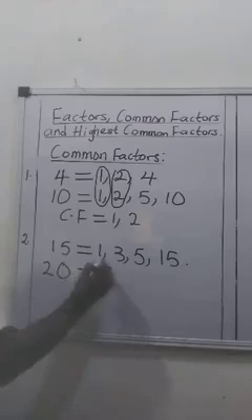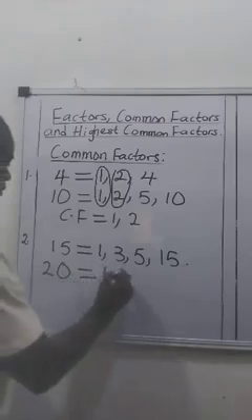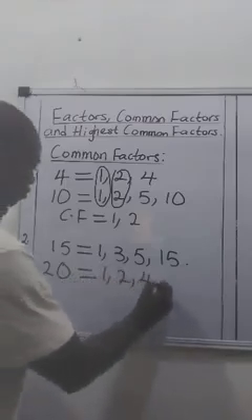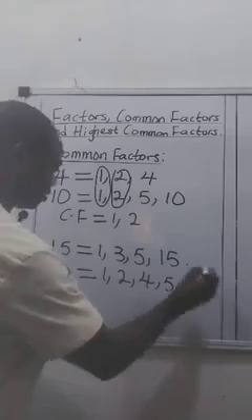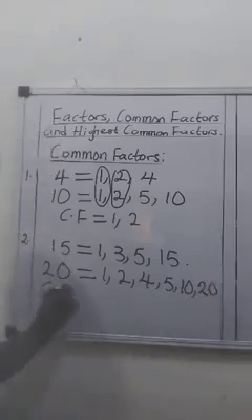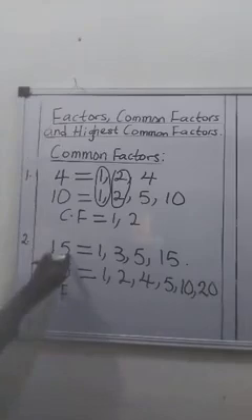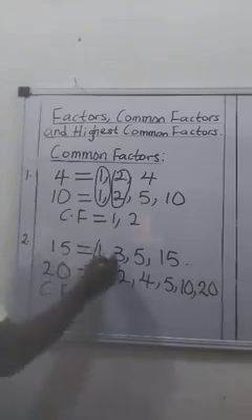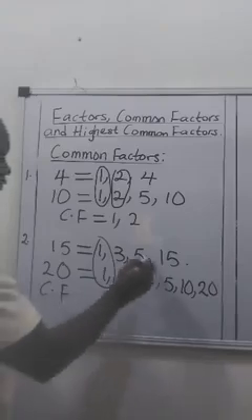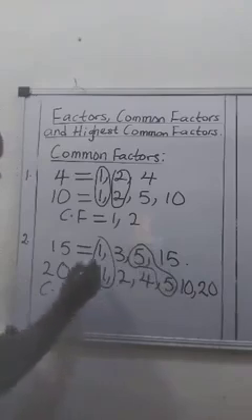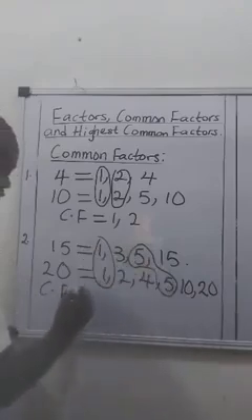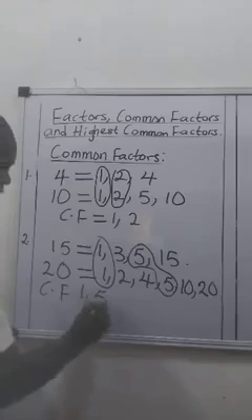The factors of 20 are 1, 2, 4, 5, 10, and 20. Now, what are the common factors of 15 and 20? Of course, 1 is there. Of course, we have 5. Let me circle it this way. So, common factors, we have 1 and 5.